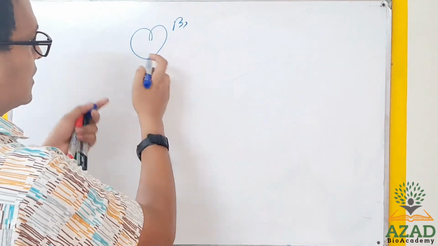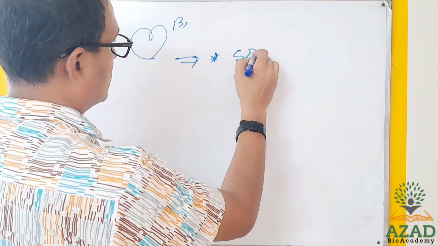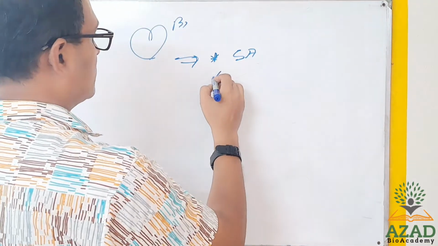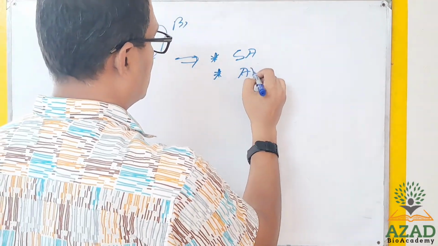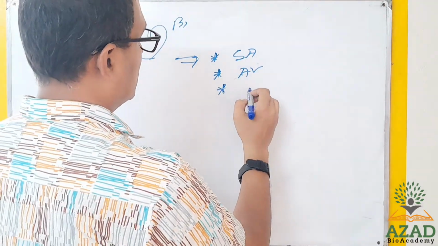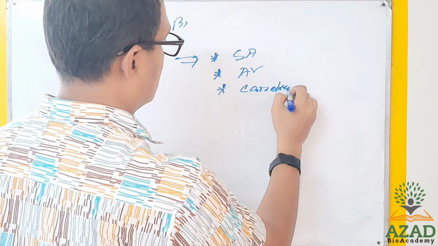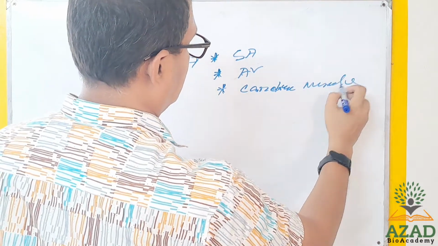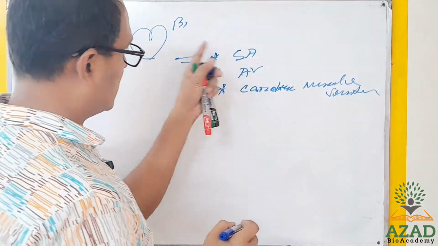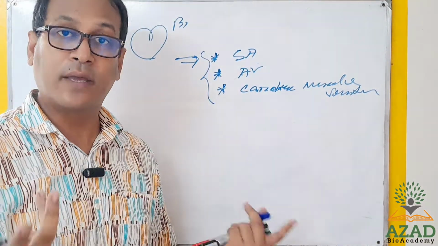So beta 1 in heart, where beta 1 is present, it is SA node, that is your pacemaker, sinoatrial node, that is AV node, atrioventricular node, that is reserve pacemaker, and also cardiac muscle, basically ventricular part. Okay, so over there beta 1 is very much rich. How and why?